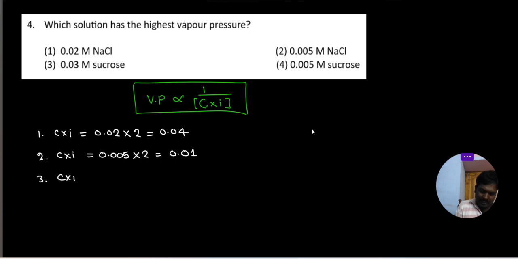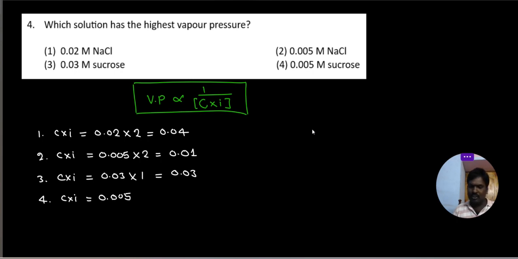Third one, C into I equal to 0.03 into sucrose, non-electrolyte, so that is equal to 0.03. Now fourth one, C into I equal to 0.005 into sucrose, non-electrolyte 1, so 0.005.